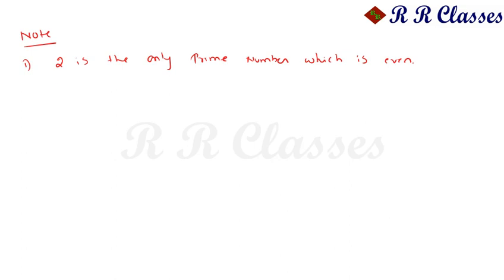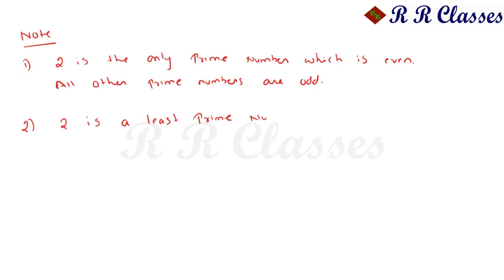All other prime numbers are odd. Second point, 2 is the least prime number.